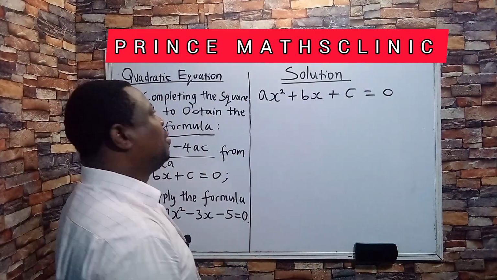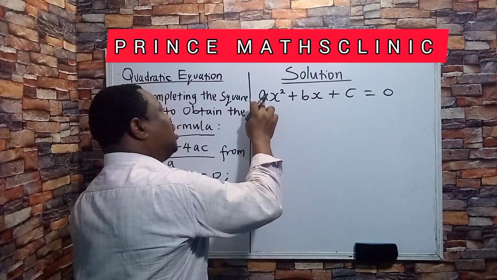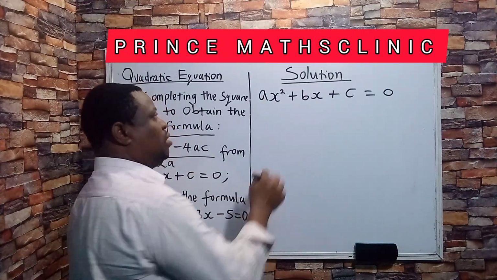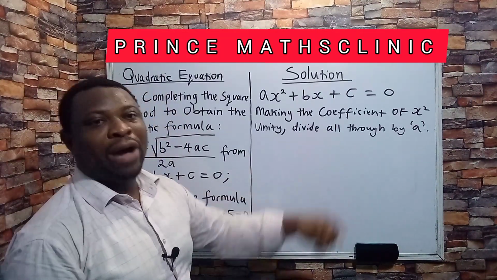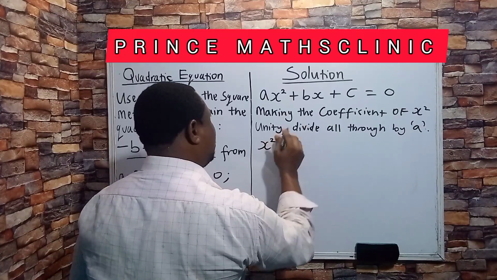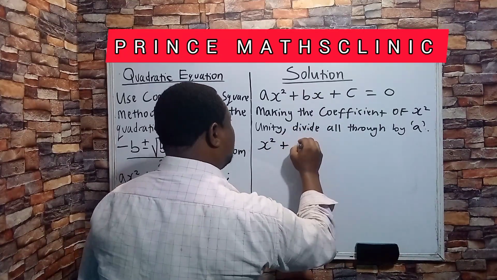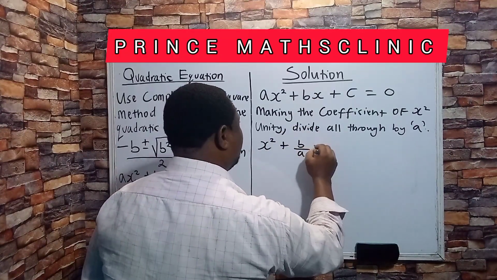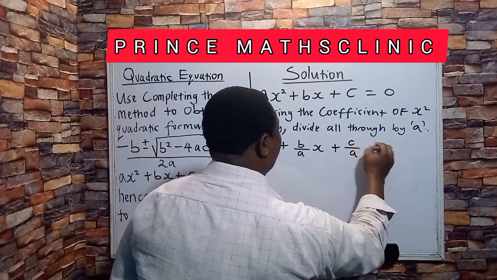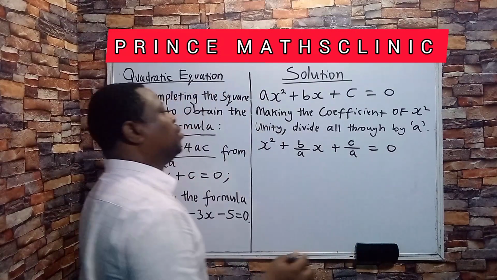Now remember that we want to make the coefficient of x squared unity, so we divide all through by a. This becomes x squared plus b over a times x, plus c over a, all equal to 0.